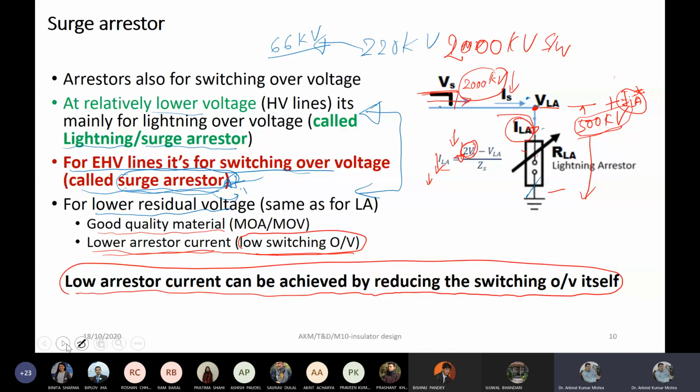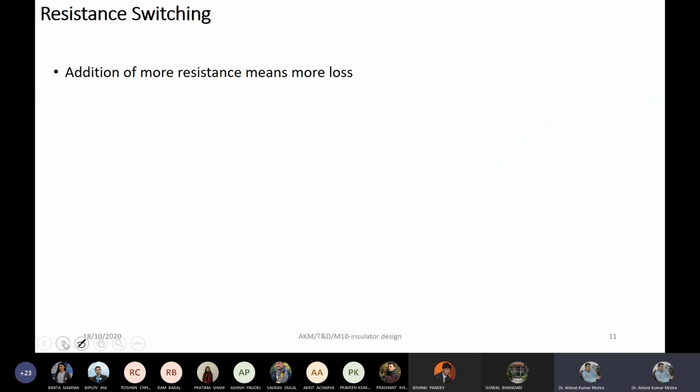Obviously, that means that if I go on increasing the resistance, and you have also done similar types of simulation in circuit analysis and control systems, resistance in an RL circuit acts as damping.